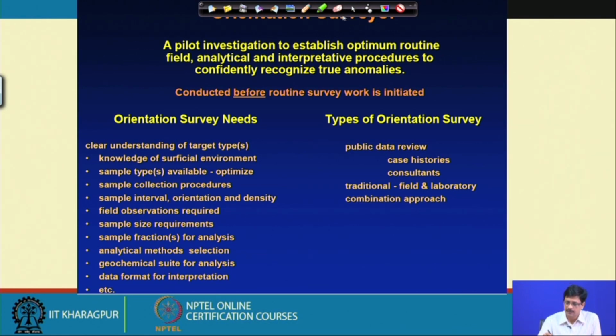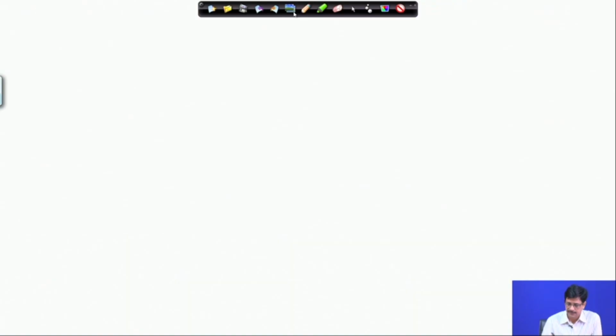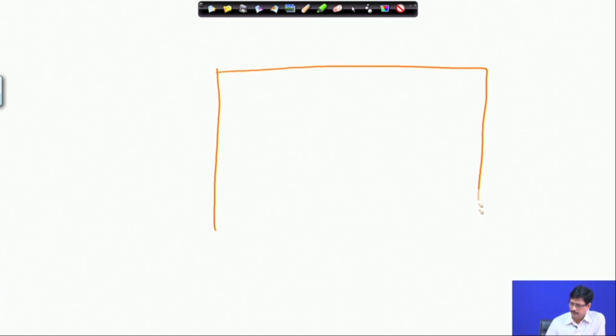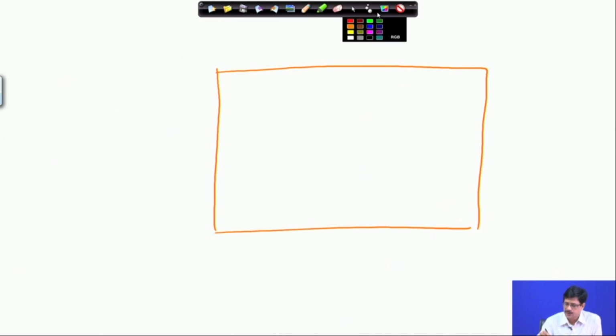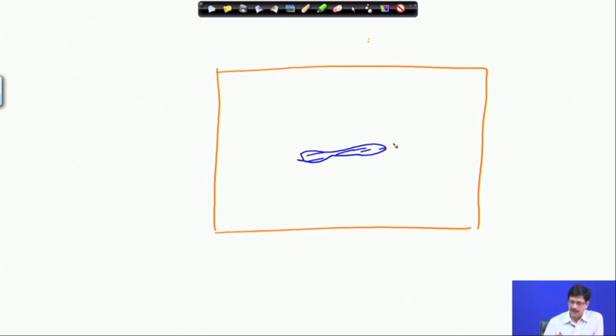So, suppose there is an area and we expect that there should be an ore body somewhere here, and somewhere it is just the surface outcrop which I am representing, and I plan the sampling interval.